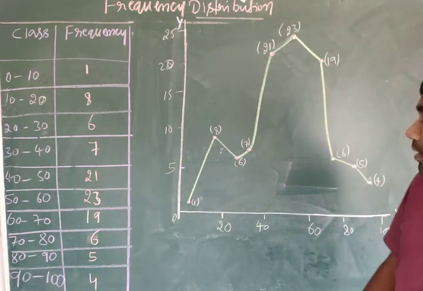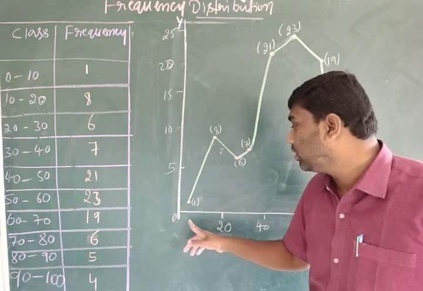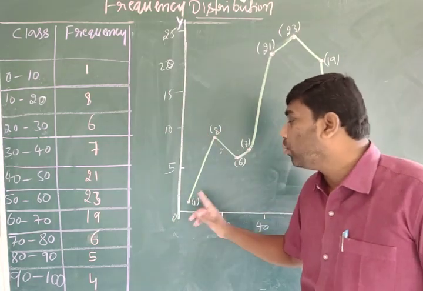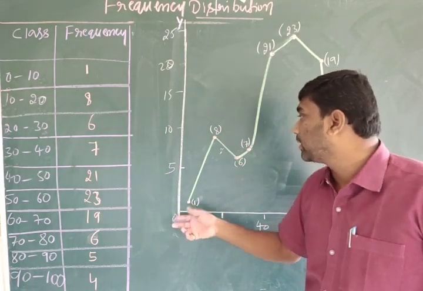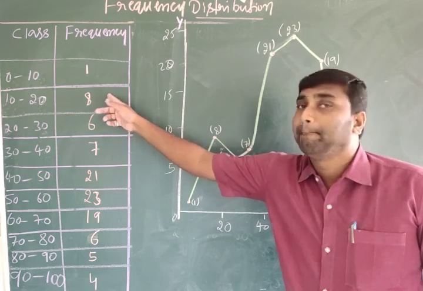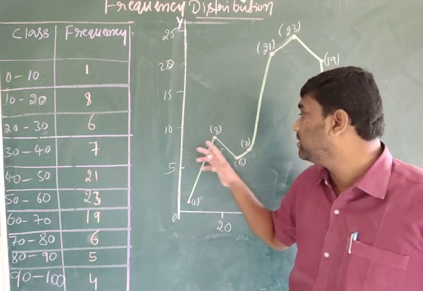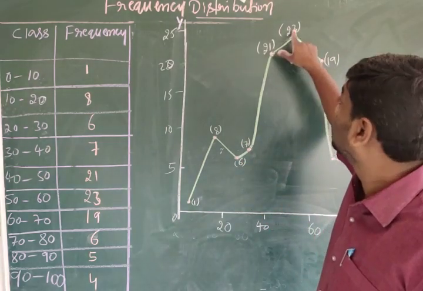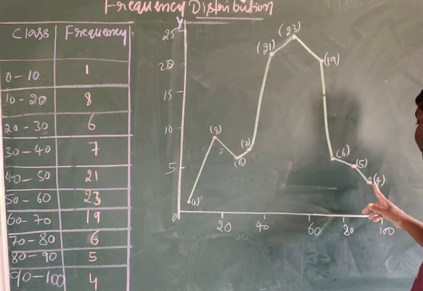You can observe here: for the class 0 to 10, the frequency is 1. For 10 to 20, the frequency is 8. For 20 to 30, the frequency is 6. Further 7, 21, 23, 19, 6, 5, 4.